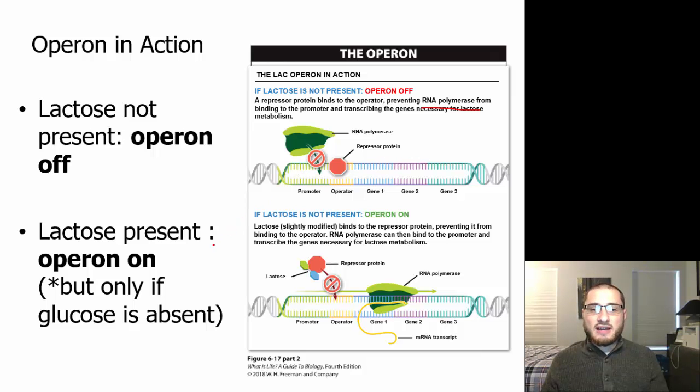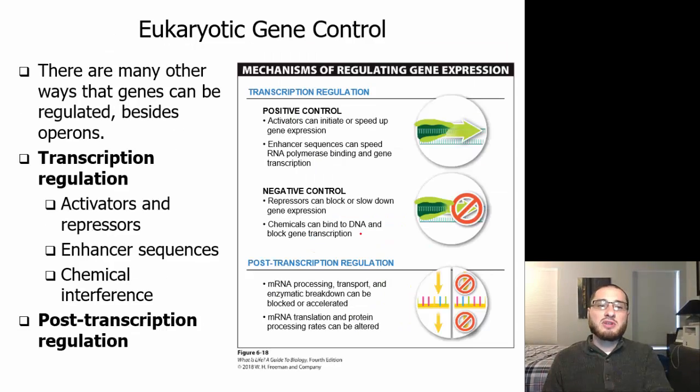But if you have lactose present, that operon is going to be on, and the RNA polymerase is then able to bind to the promoter and transcribe that gene necessary for lactose metabolism. So depending on if there's lactose in the environment or no lactose in the environment, that's going to influence whether that lactose metabolism gene is going to be used or not be used.